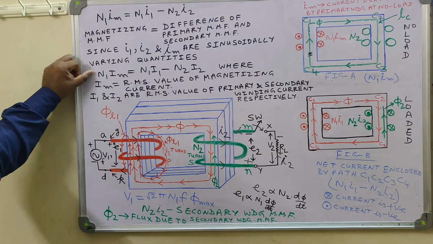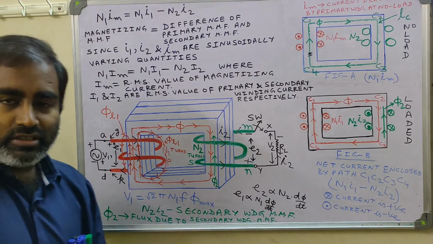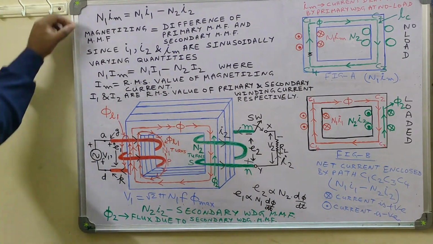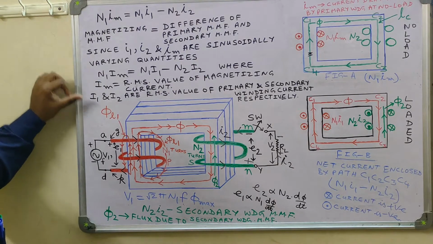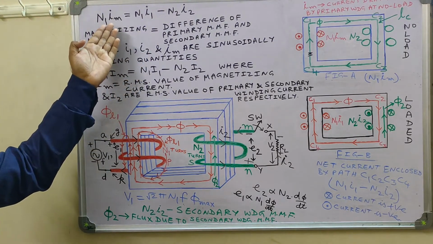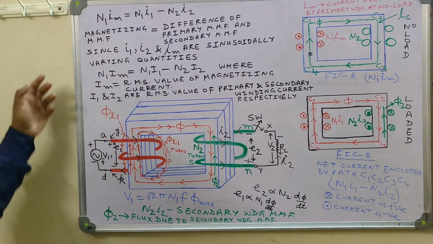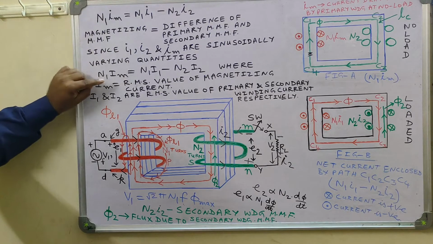We have written this equation on the basis that the quantities are changing in a sinusoidal way. So why not replace the equation involving the instantaneous values by the RMS values of the corresponding quantities? Small Im is replaced by capital Im, that means the instantaneous value of magnetizing current has been replaced by the root mean square value.